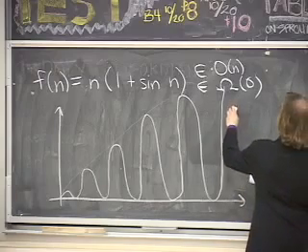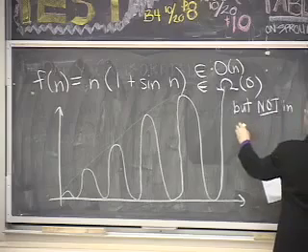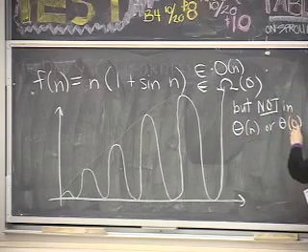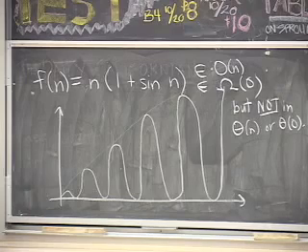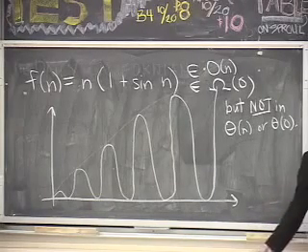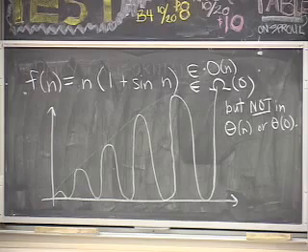But it's not in big theta of n, or big theta of 0, or big theta of anything simple. You could say that this function is in big theta of 2n times 1 plus sine n, but that's not a simplification. So this function is reduced about as much as it can be. But you don't see running times of algorithms that look like this very much, but you should still understand that not everything has a simple big theta.